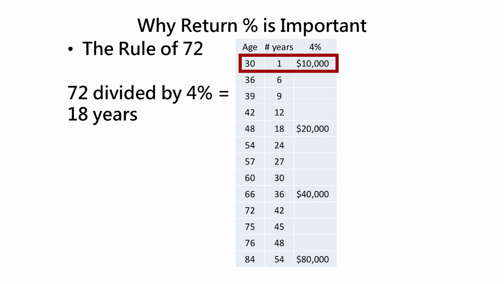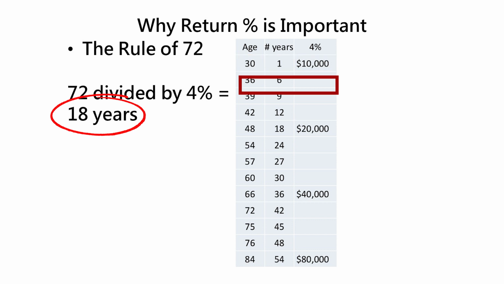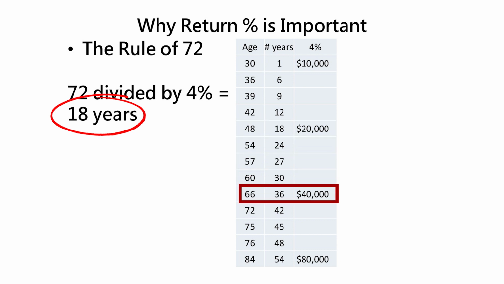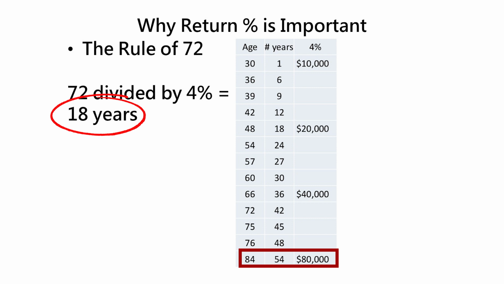Let's say your return on this investment was 4%. 72 divided by 4 is 18, which means when you are 48 years old, the $10,000 principal would double to $20,000. Another 18 years later, you turn 66 years old, your original $10,000 will become $40,000. And when you are 84 years old, the $10,000 principal will double to $80,000. And this is the math to calculate the speed of compound interest.